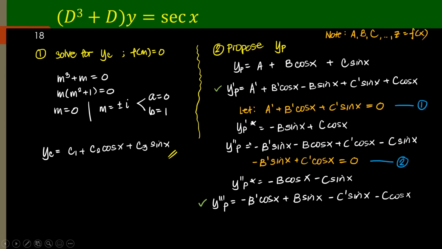But if I ask you, what's the y double prime? It's actually this one, not this one, because the one with asterisks are the simplified versions.